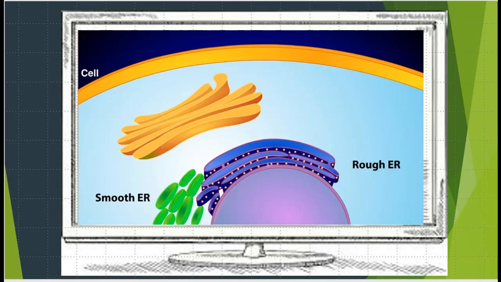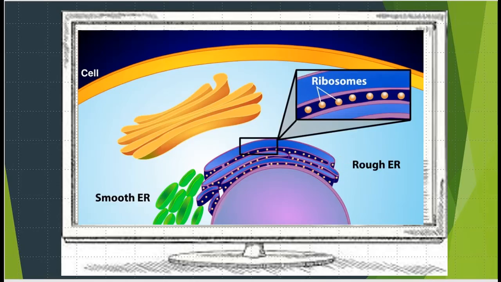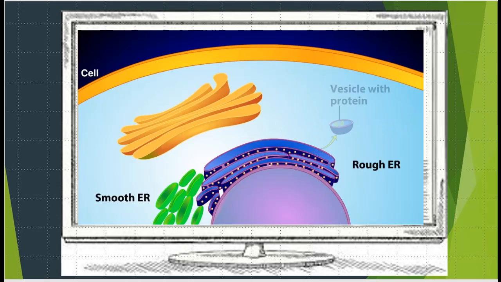The rough endoplasmic reticulum, or rough ER, is studded with ribosomes. These ribosomes are what give the rough ER its rough appearance. Ribosomes are responsible for producing proteins, which are packaged into transport vesicles and carried to the Golgi apparatus. The smooth endoplasmic reticulum, or smooth ER, lacks ribosomes on its surface.